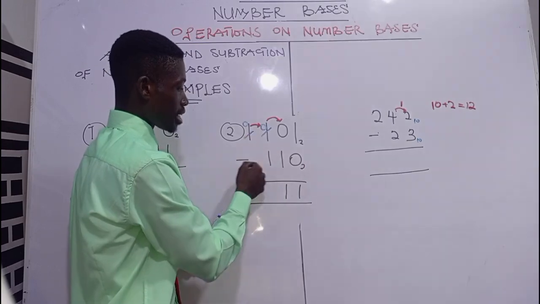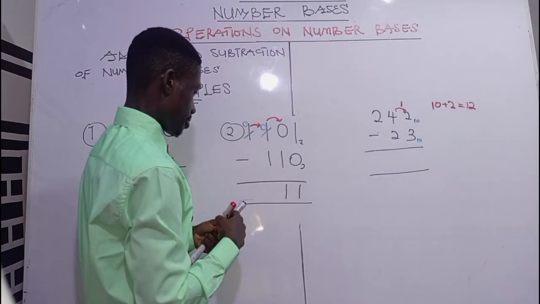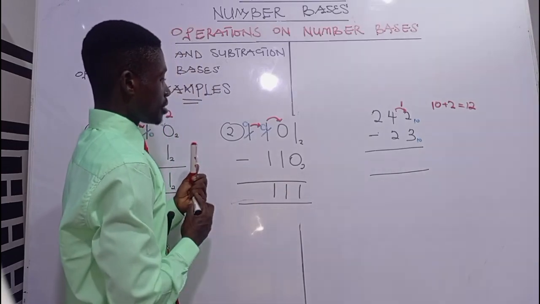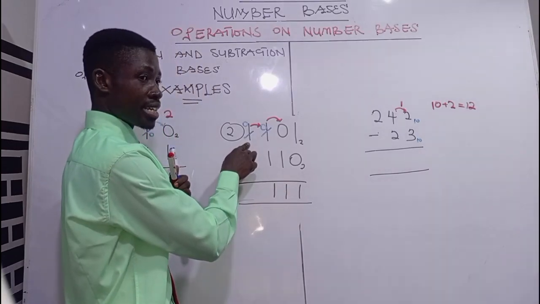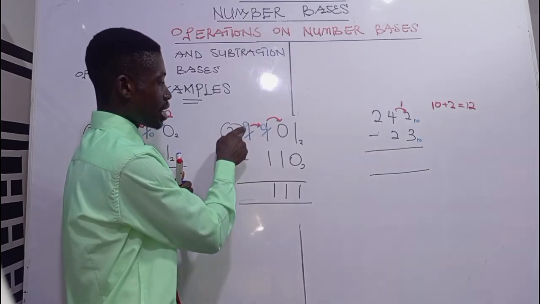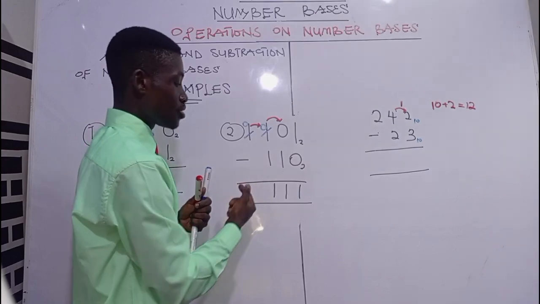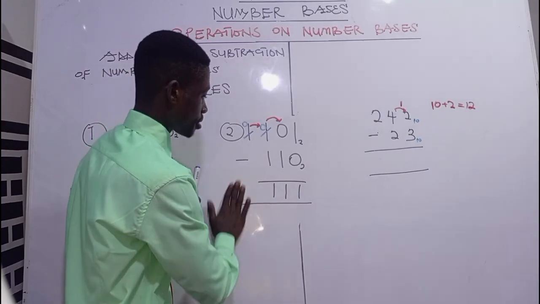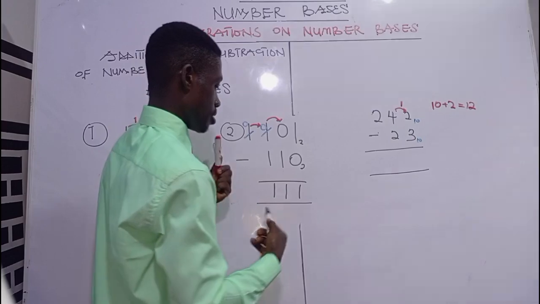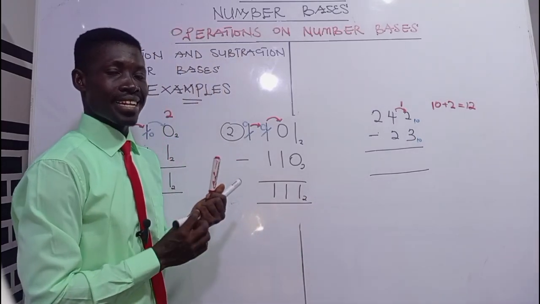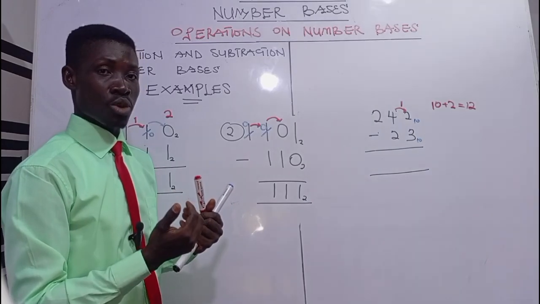So 2 minus 1 will give us 1. Now remember, this one is no longer here because we have borrowed. We are left with what? 0. 0 minus nothing is still 0. We can decide to write it or leave it. So we have the answer in base 2. Very, very easy. I guess you are following.